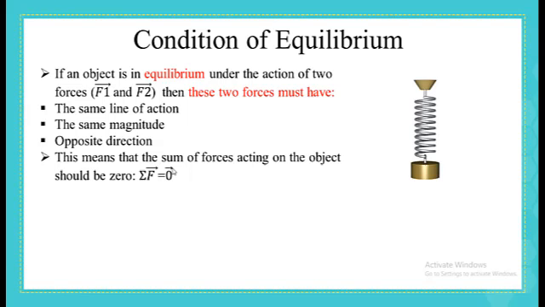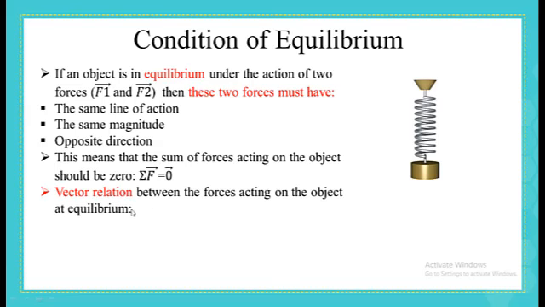If we want to write a relation between these two forces, we have the vector relation, just like the one we have seen in the previous video. We're talking about force vectors. So we have F1 plus F2, we get zero vector, or F1 is equal in magnitude, but don't forget the minus to show the opposite direction for the second force, which is F2.